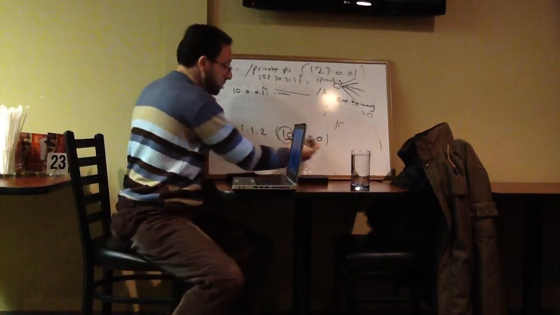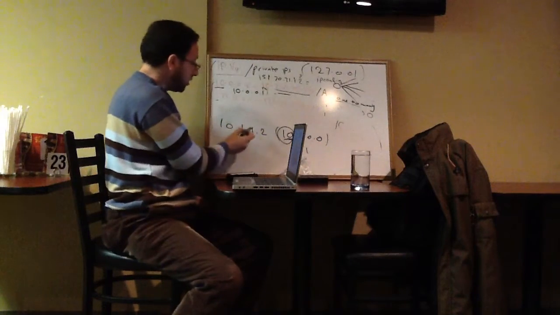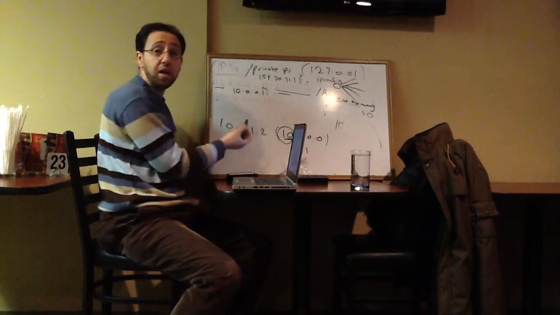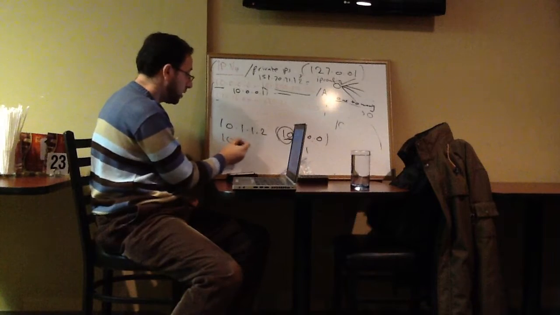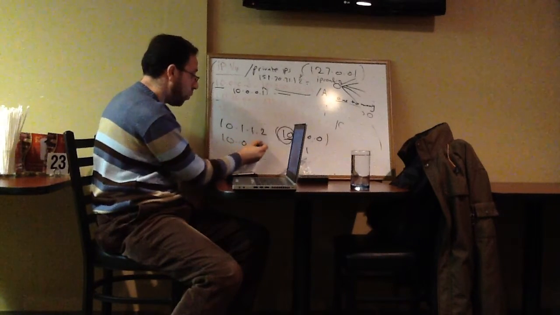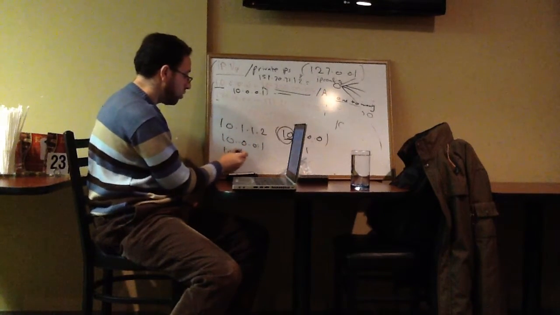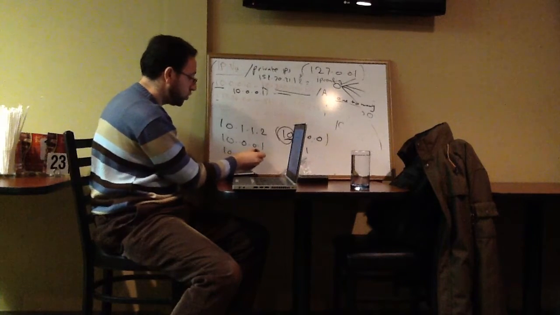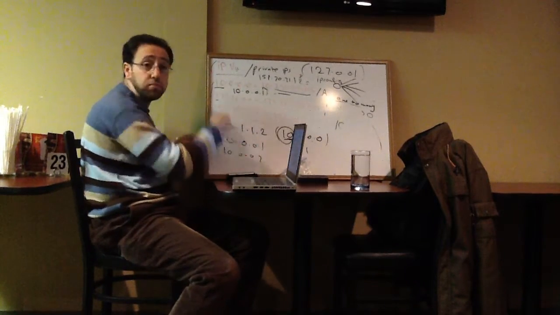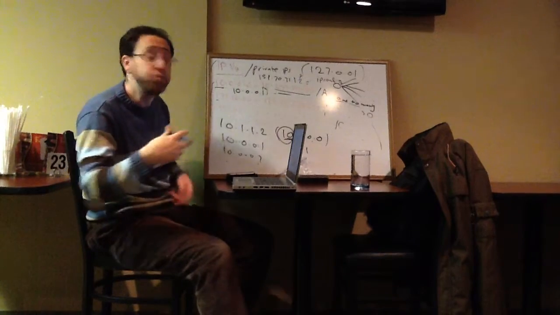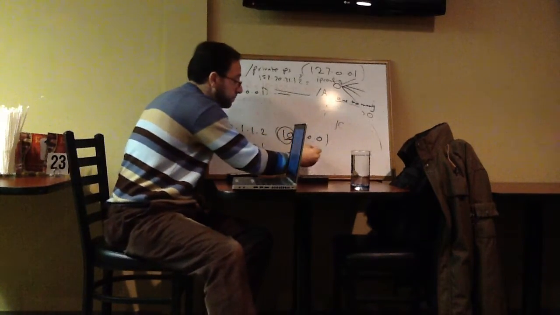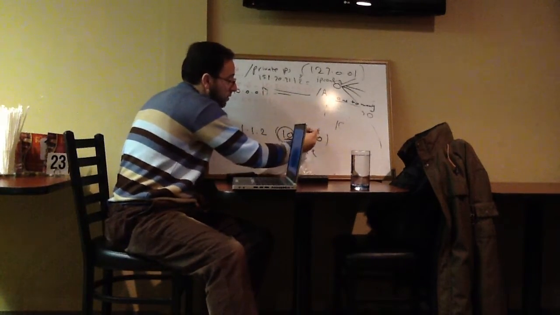So for example, 10.1.1.2 is a valid IP address, and so are 10.0.0.1 and 10.0.0.2. So how many addresses can you assign?